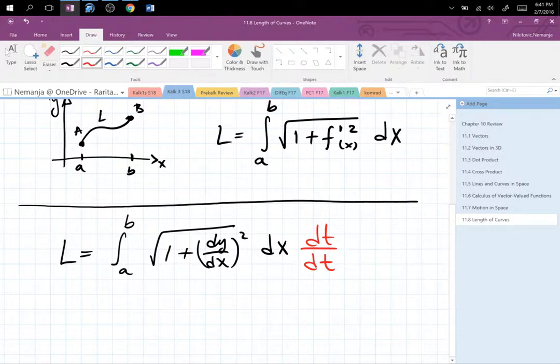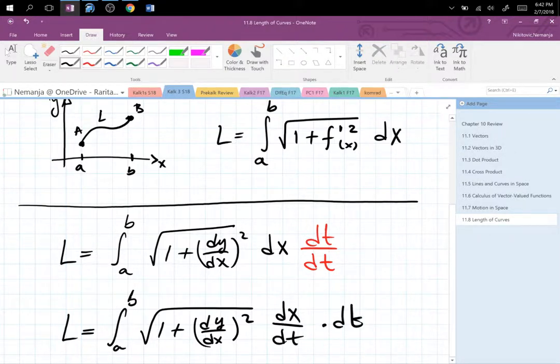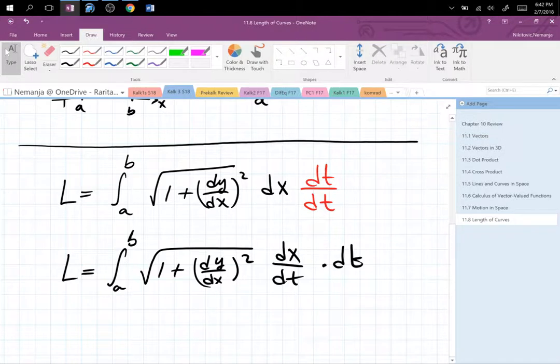What I'm going to do now is rewrite this. This is a mathematical manipulation that we are doing here. I am going to rewrite it as dx over dt times dt.